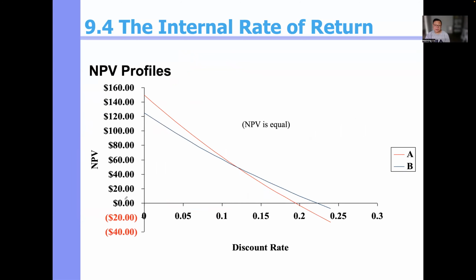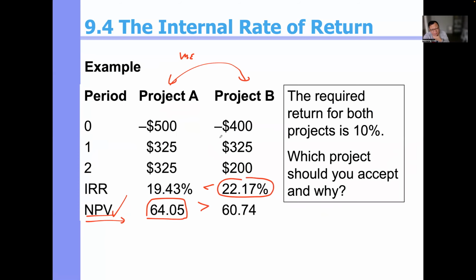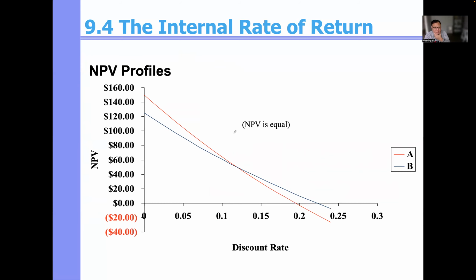So here, the red curve is project A, and the other darker color is project B, okay? When the curves cross the horizontal axis, these two points are the internal rate of return for the two projects.